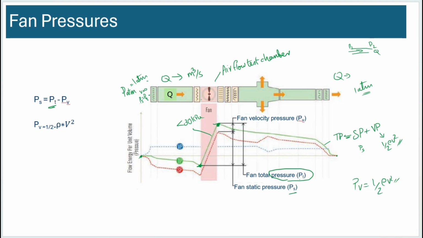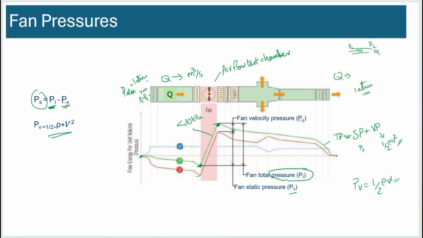Whatever that fan velocity pressure is, you subtract that from PT. So measure the velocity pressure and subtract that from PT, you get the fan static pressure. So it's based on this delta here. This is the fan static pressure. It's not the difference between this and this, okay?